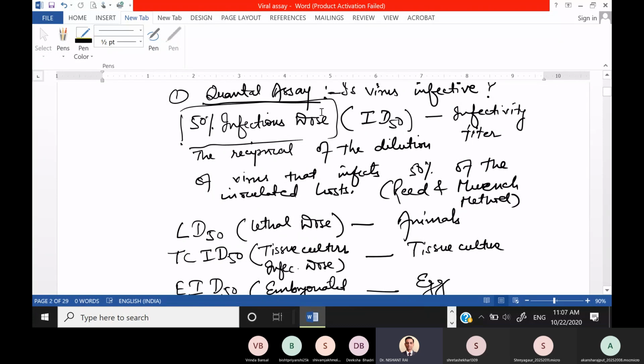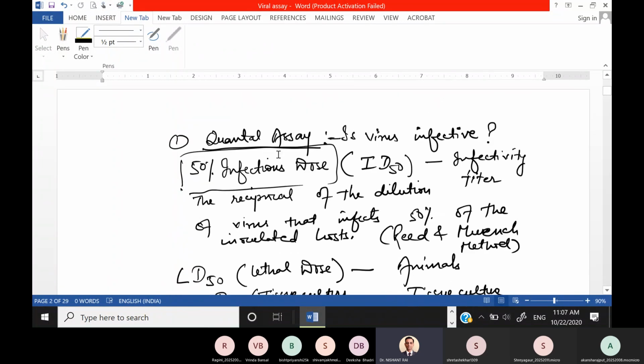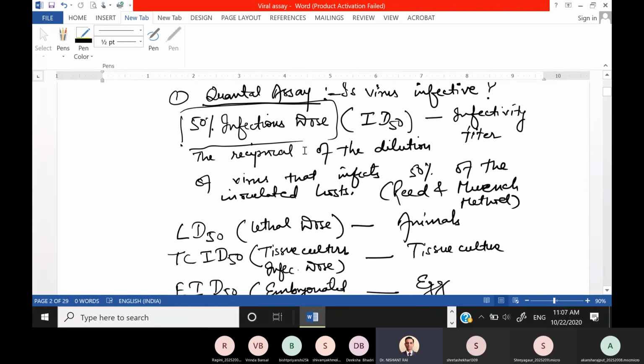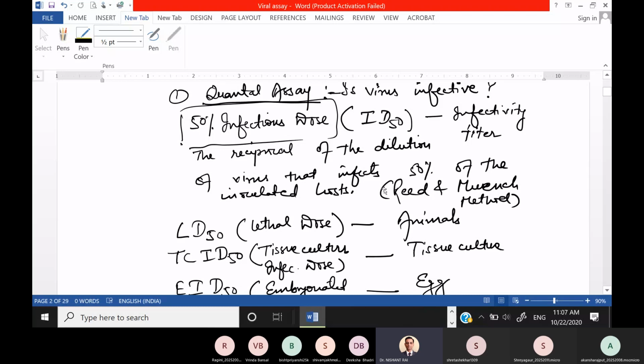So quantal assay, we have discussed that this assay is based on its infectivity, whether it is infective or not, right? And quantitatively, we determine the number of virus particles. So we determine ID50, which is 50% infectious dose. And according to the Reed and Muench method, this is the protocol that we follow in virology.